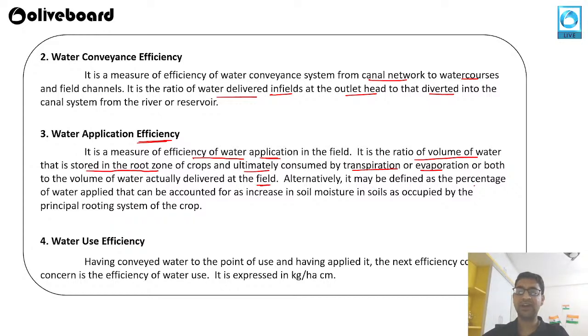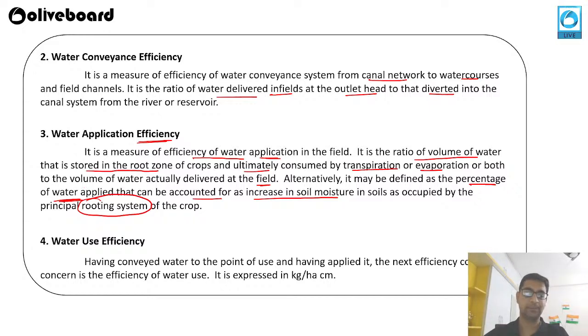Alternatively, it may be defined as the percentage of water applied that can be accounted for as an increase in the soil moisture, as occupied by the principal routing system. So here we are taking the routing system as the basis for deciding water application efficiency.